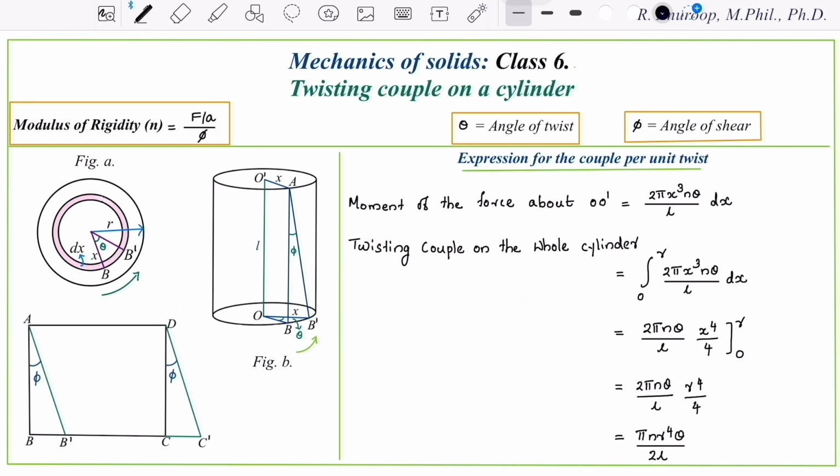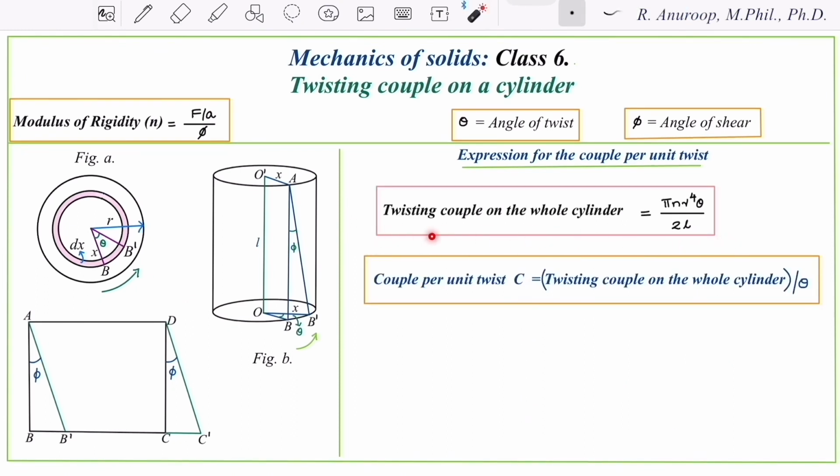Just integrate the moment of the force about O dash from 0 to r, and we will get the twisting couple on the whole cylinder. Now what is the couple per unit twist? Twisting couple on the whole cylinder divided by theta is the couple per unit twist. Since the twisting couple is pi N r raised to 4 theta by 2L, the couple per unit twist is pi N r raised to 4 by 2L.